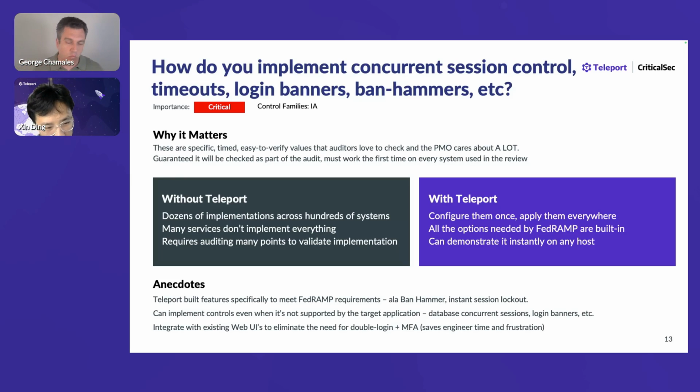And being able to just go right down the list and tick these things off in one place saves a huge amount of time during the audit. It saves a huge amount of risk that somebody somewhere inside the infrastructure didn't get the message where you need to put a login banner, or wasn't able to configure session control on a database. And that just makes your life easier across the board.